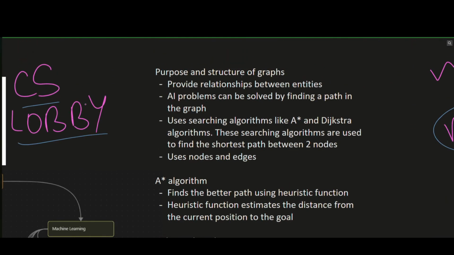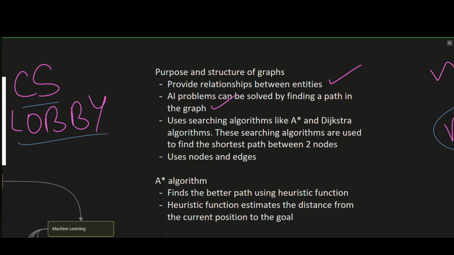So these are the basic things that you need to know about graphs. It provides a relationship between entities. AI problems can be solved by finding a path in the graph. So whenever we hear in the news that AI has solved this paper, this problem, or whatever, it uses a path in the graph. It solves the problem using a path in the graph.